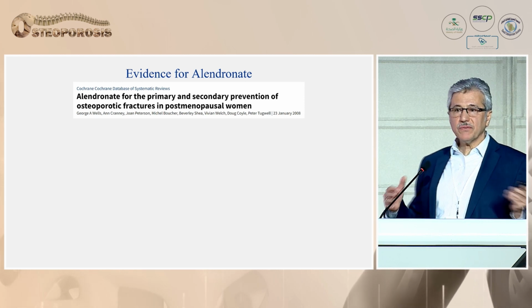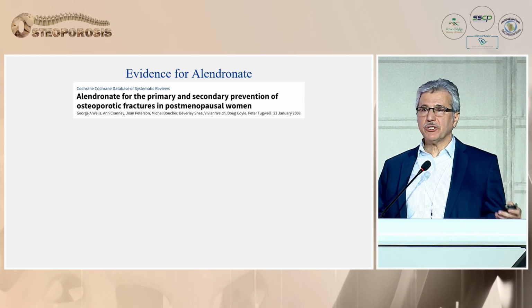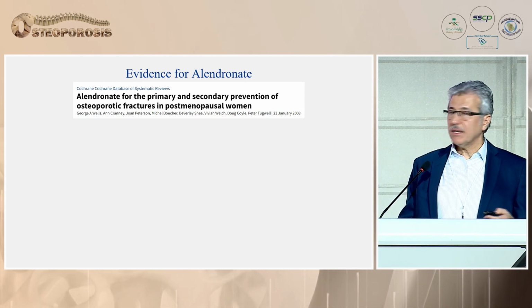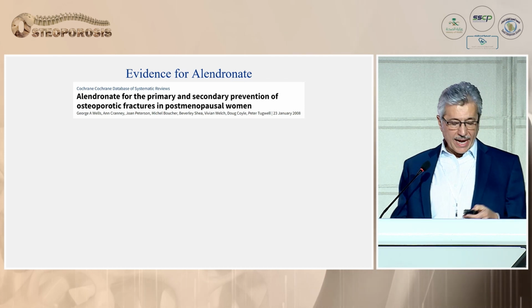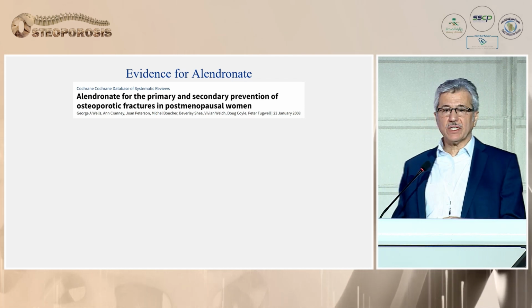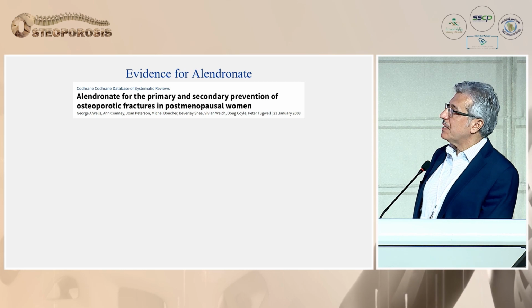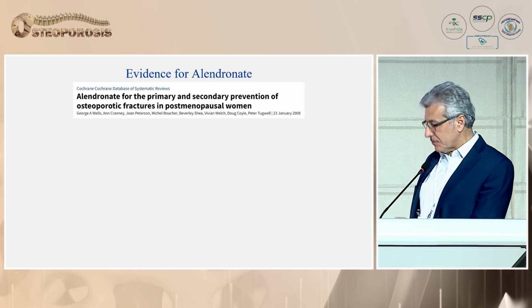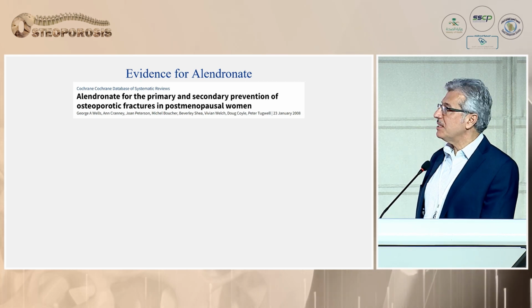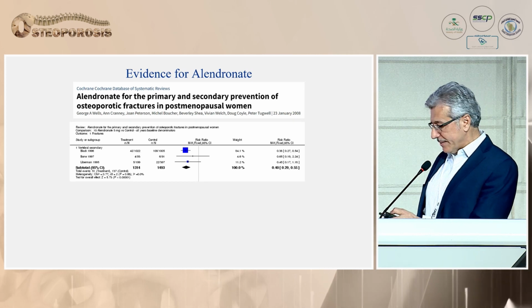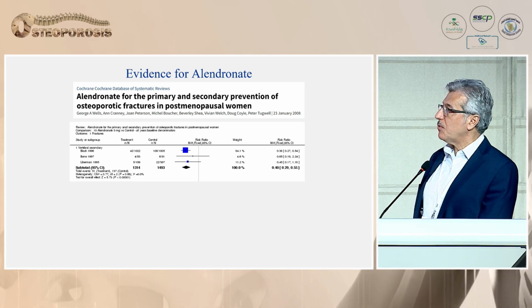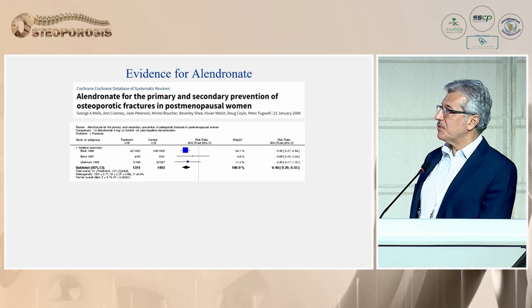Now, because of the accumulation of experience with alendronate, there were many other analyses for its effect 10 years later. This one is a Cochrane database analysis done in 2008, so almost 13 years later, showing that alendronate was quite effective in decreasing vertebral fracture.